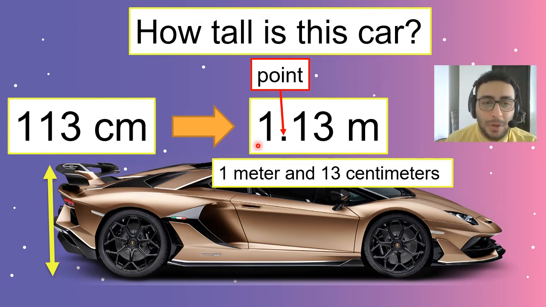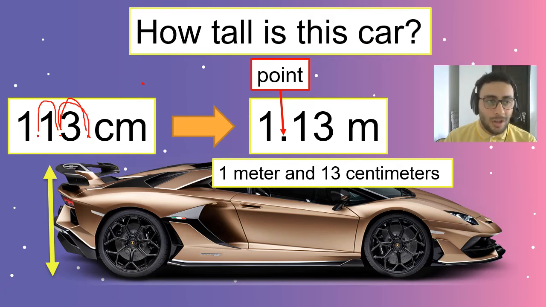Easy. Look at here. You put a point here. How do we know you have to put it here? If you want to turn centimeters into meters, imagine the point comes from here, here, here, and then one more time.